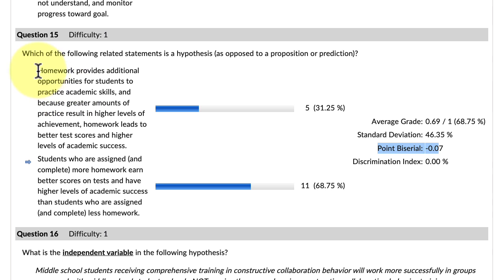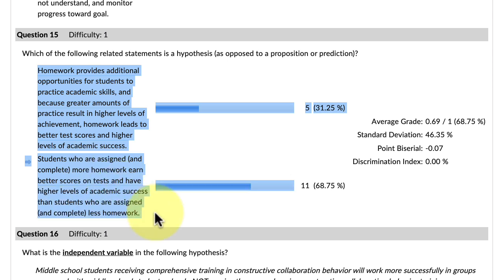Honestly, if I could give a criticism of this item as the test maker, I would say that the two statements sound a little too similar to me.